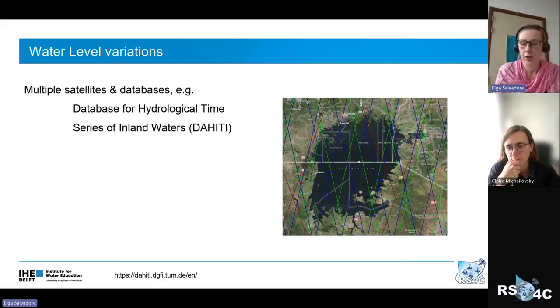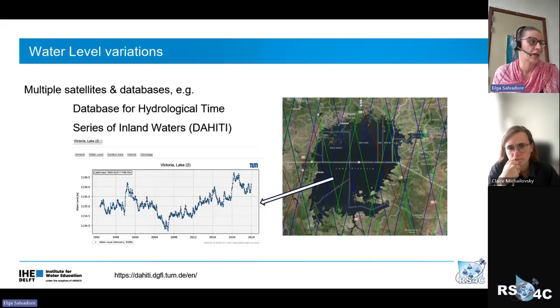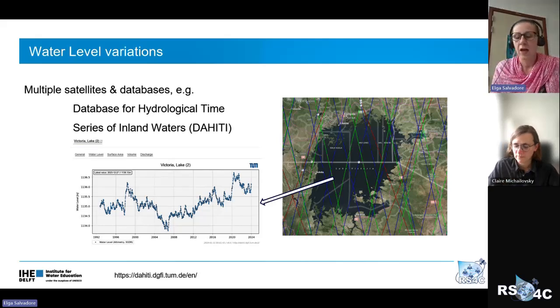So in this case, I was looking at Lake Victoria, and I just extracted the time series of this elevation, and then I can clearly see what we already knew. So there was an increase in the level, actually a few meters of increase in a period of a bit less than 20 years.